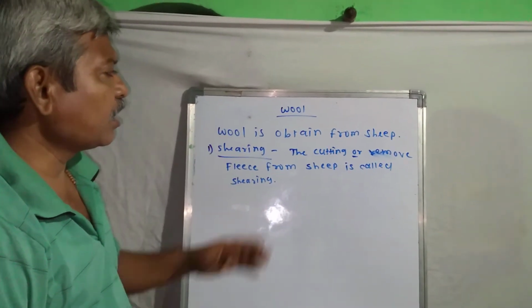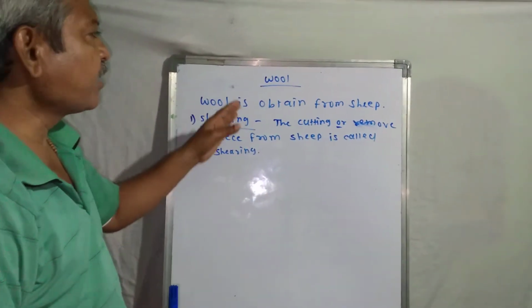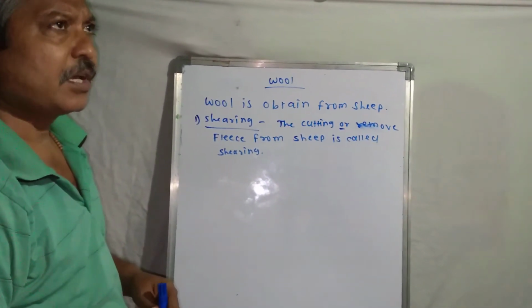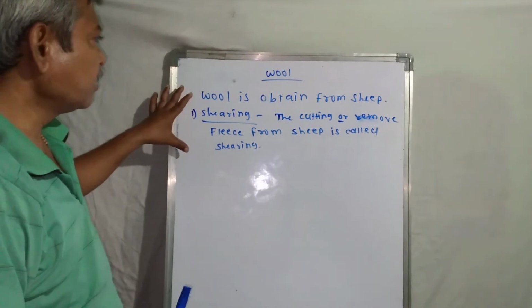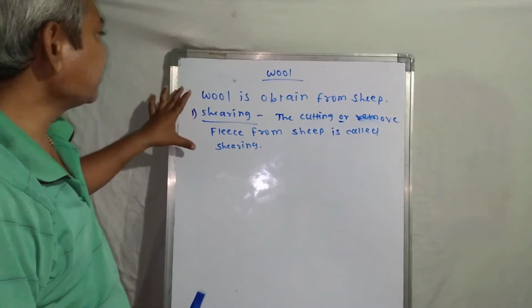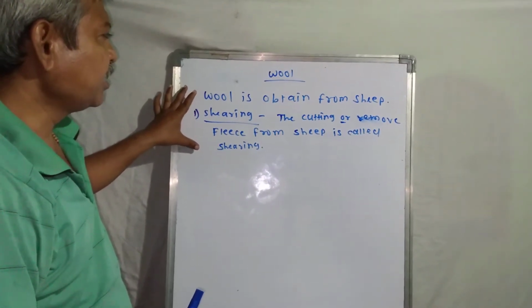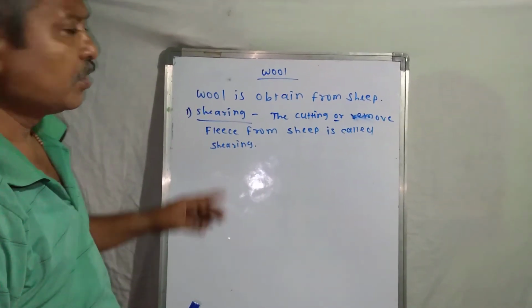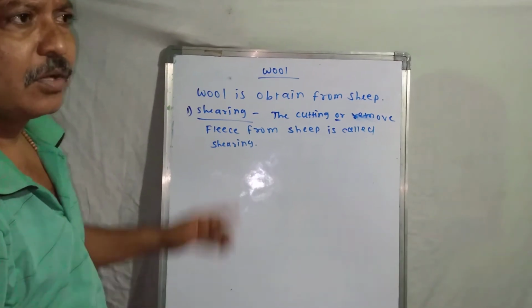These are the two animals, sheep and yak. They live in extreme cold conditions. Therefore, the sheep and yak live with the help of this wool.